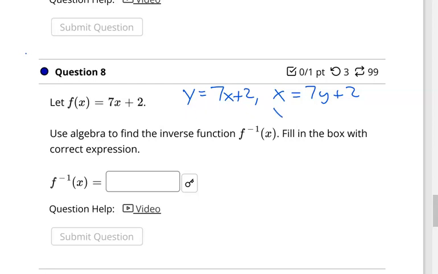X minus 2 equals 7y. And now divide by 7 to get y isolated by itself. Y equals x minus 2 divided by 7. So f inverse is x minus 2 divided by 7.